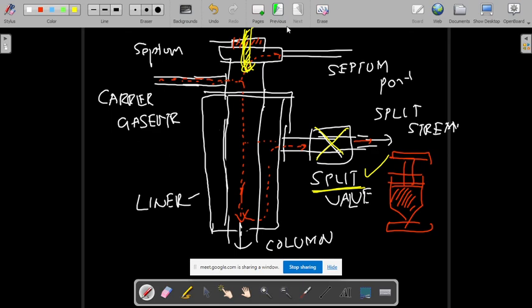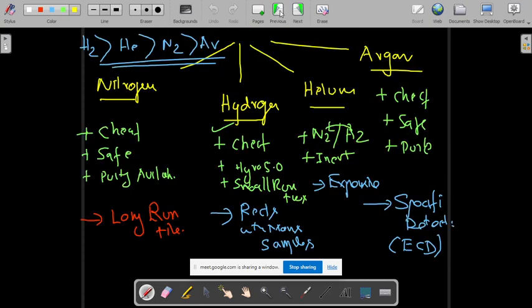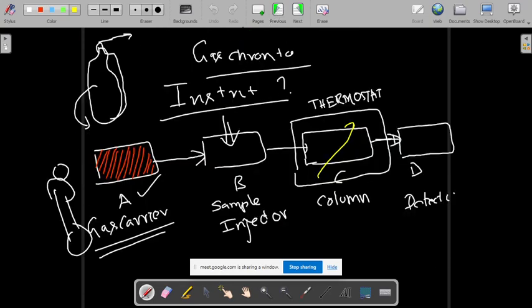In this class we have worked upon two aspects of your block diagram. We saw the complete block diagram of gas chromatography, and its important parts: the carrier gas supply, the sample injection system, the column inside a thermostat, and the detector.